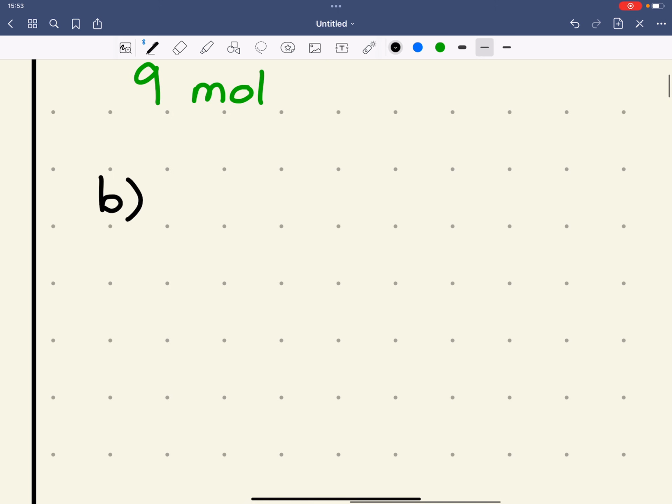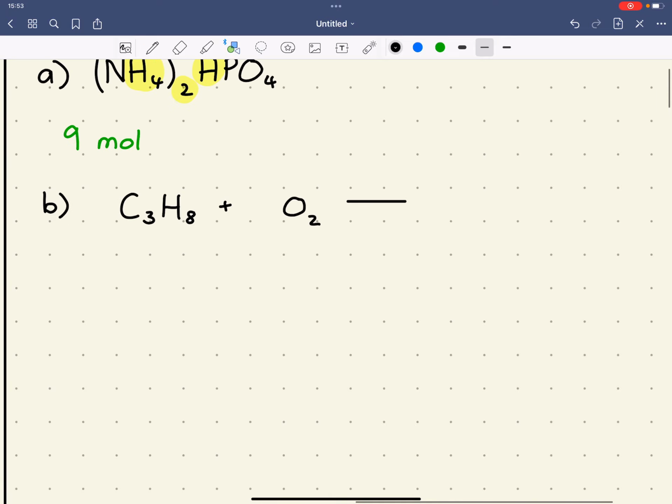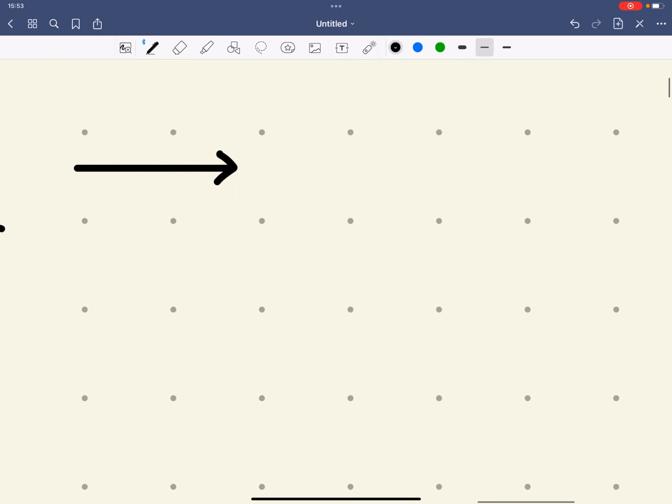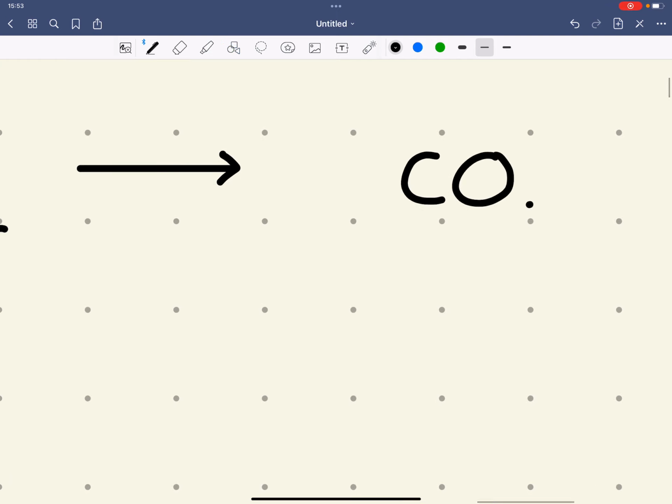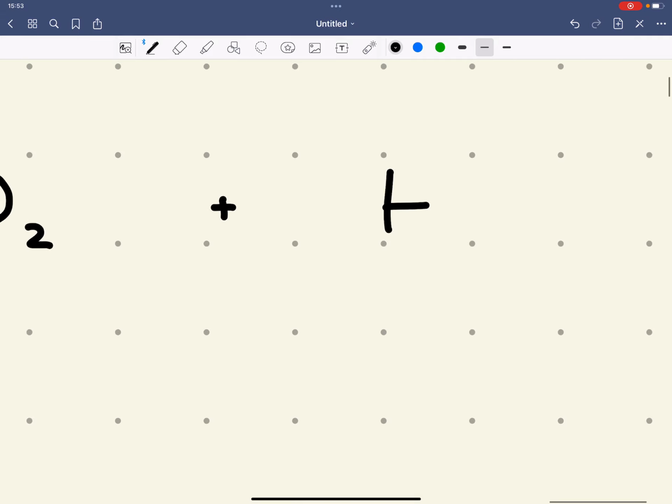It's a combustion equation where we're burning a hydrocarbon in oxygen. And again, it's what we call a complete combustion because we produce carbon dioxide and water. Incomplete combustion would contain carbon monoxide or carbon with water.